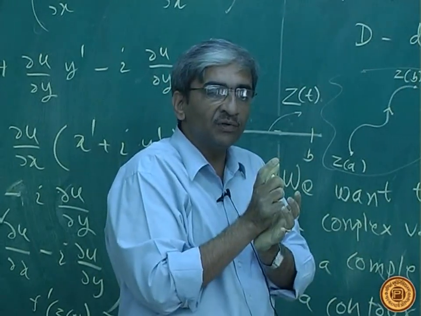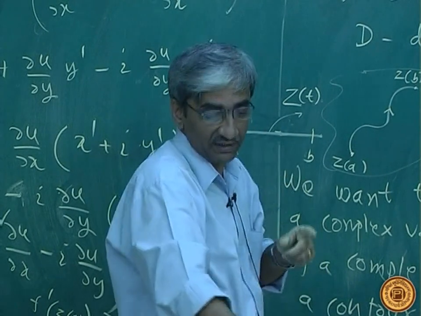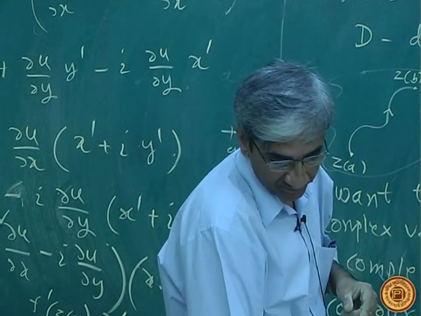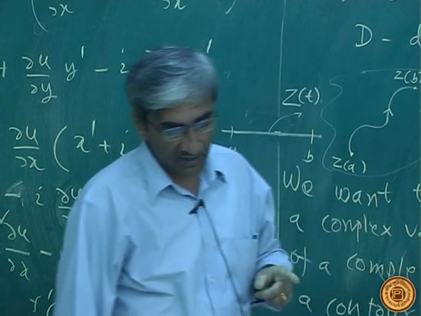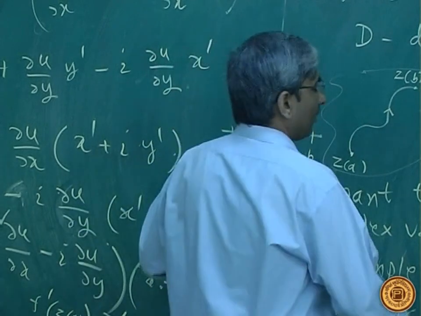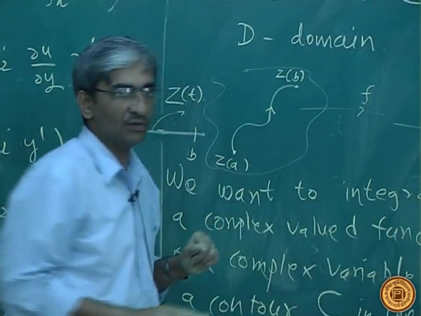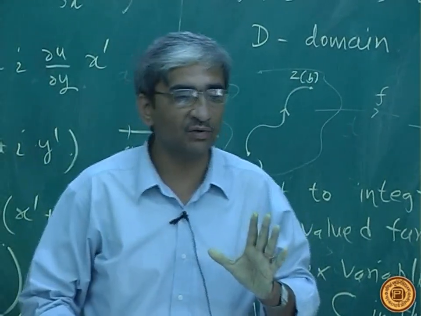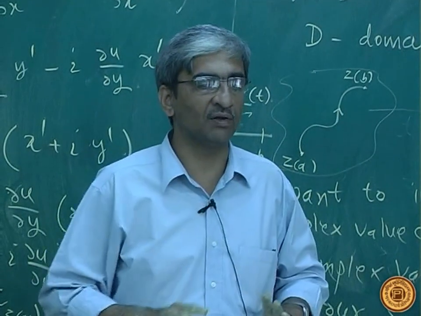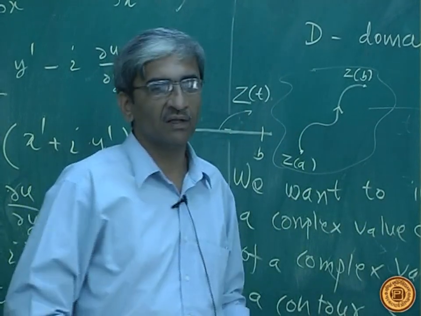That function and this interval are used to define this integral, remember. So C is given by the function z(t), and let f be a function which is piecewise continuous on C. For the integral to exist, this assumption is made. You may initially think of a continuous function only, forget about piecewise. Suppose f is a continuous function on all points of the curve C.